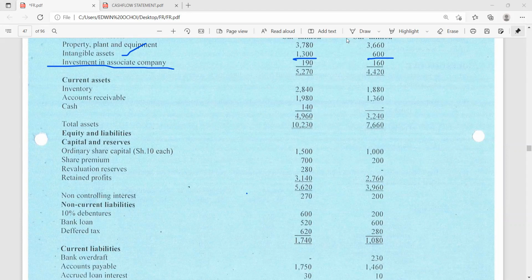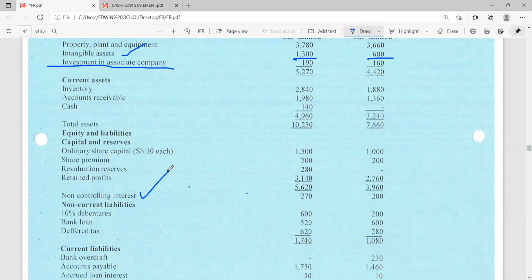You are not seeing non-controlling interest. Oh, I've seen it. Okay. The balance brought down there is 200. Yes, so that is what I'm talking about.